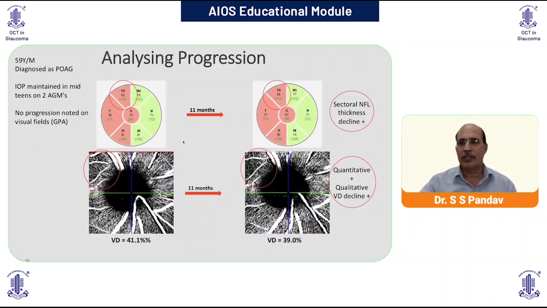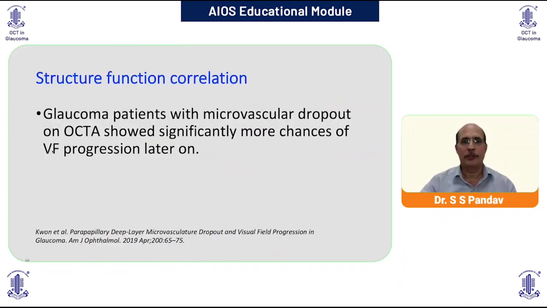So that again suggests that maybe the OCTA has the ability to pick up progression also, and it could be useful in detecting progression as well. Structure-function correlation is quite good, and glaucoma patients with microvascular dropout on OCTA showed significantly more chances of visual progression later on.